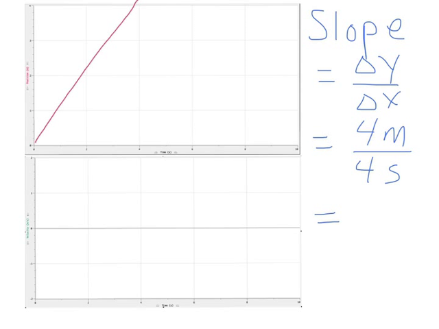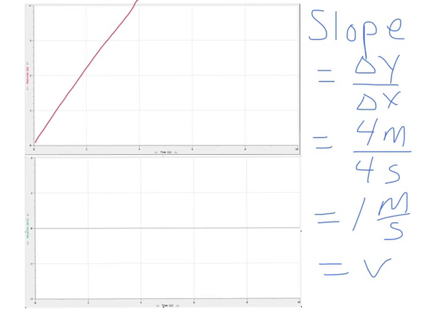So now the slope is 1 meter per second, which happens to also be the speed. So now to do this graph, I find 1 meter per second velocity, and again, the slope is the same here as here.